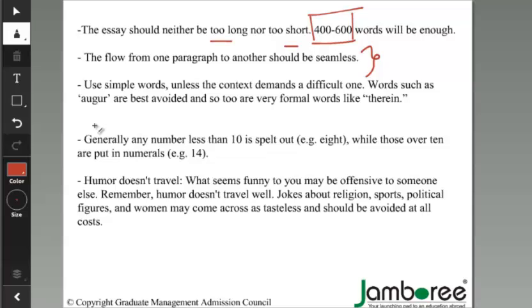And remember, the GMAT AWA writing software, when you write the AWA essay on the GMAT exam, does not have auto spell check, it does not have grammar check. So do not use words whose spellings you are not very, very confident of. That's why when you are practicing your AWA essays, whether you do it in Word or whatever you use, just make sure that the spell check and grammar check are off.